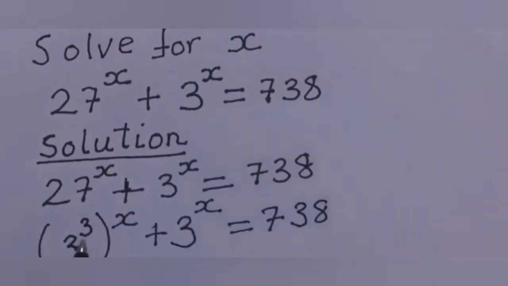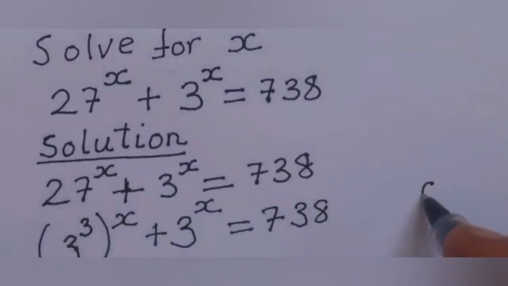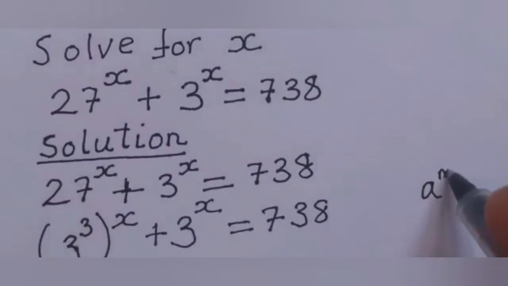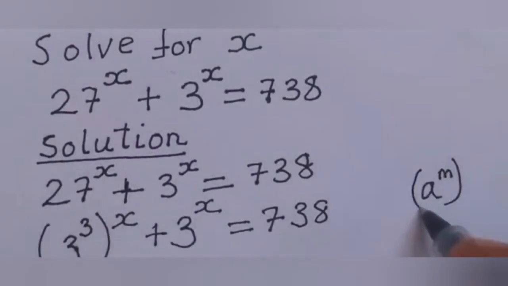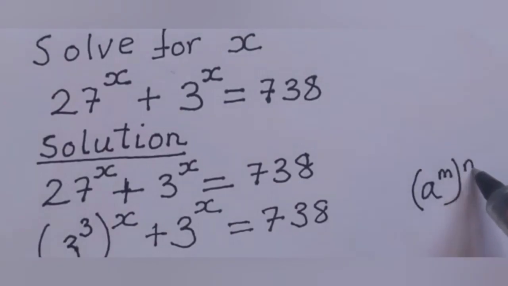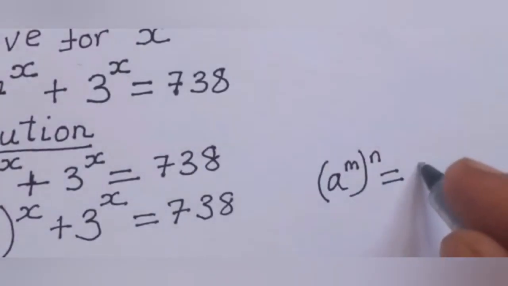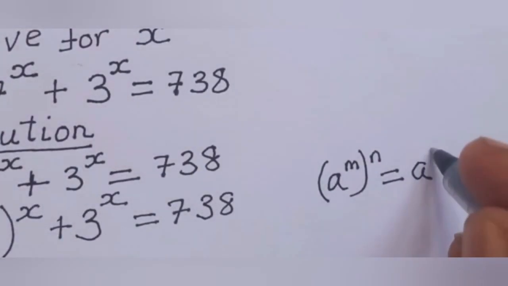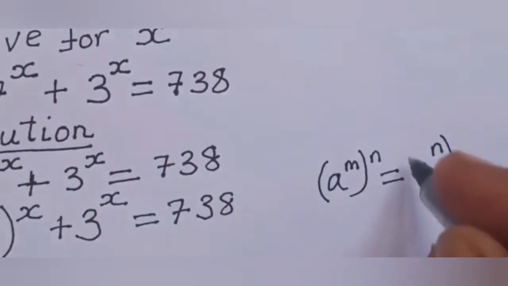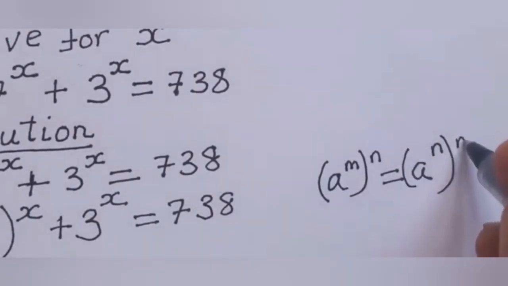Here we can interchange the exponents. The x goes inside and 3 goes outside by using this law of exponents, which is a power m in the bracket power n. This is the same as to write a power n in the bracket power m.